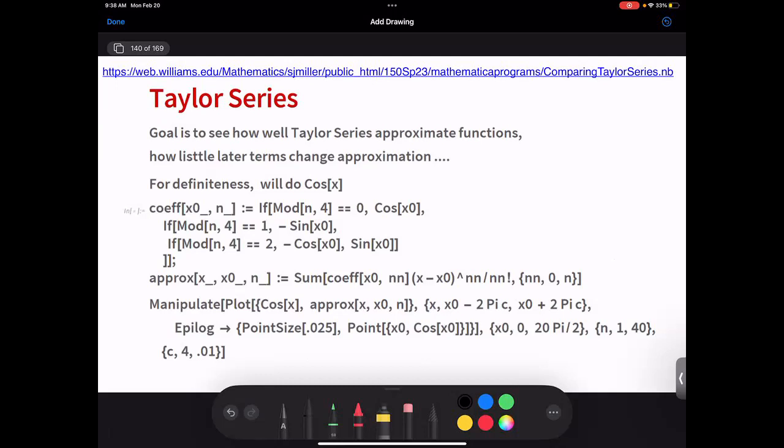This is some very simple code in Mathematica to calculate Taylor series.